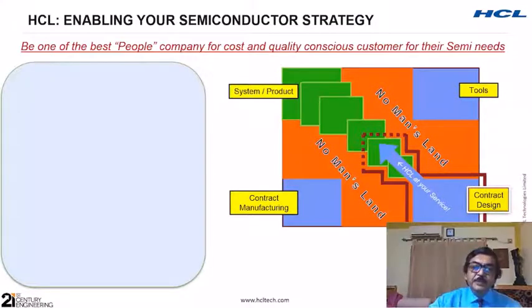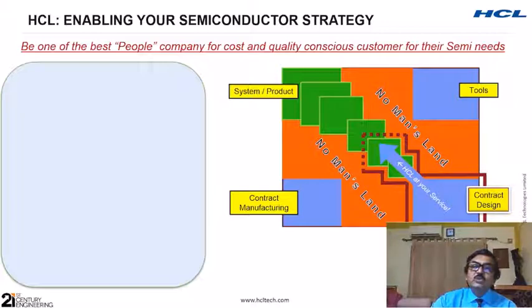And I would like to end my presentation with a view of the semiconductor ecosystem that we have today and how we are placed in that scenario. If you look at this diagram, it has 4 quadrants with the contract design services in the bottom right corner.